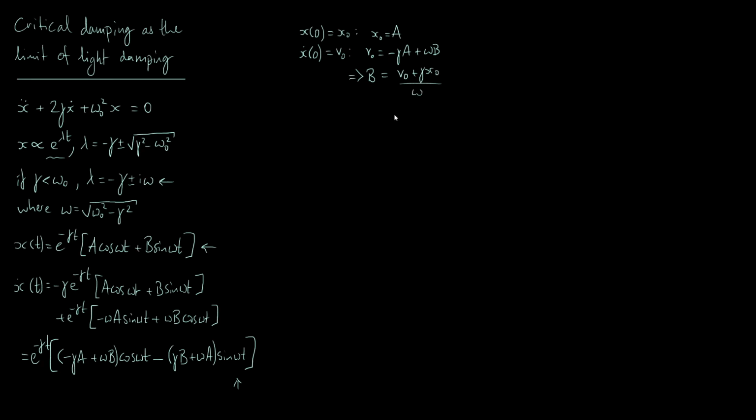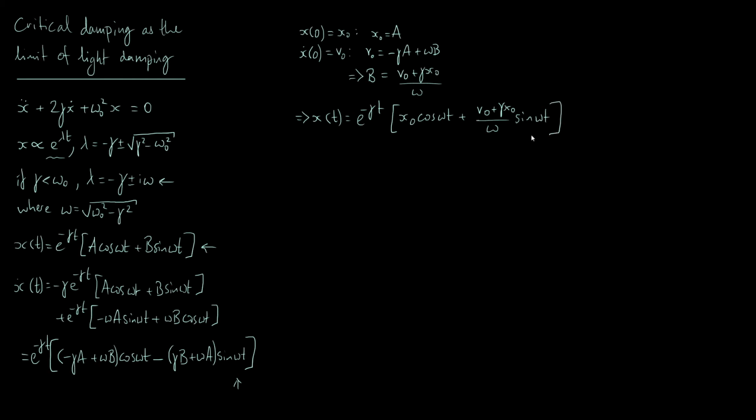Okay, so to summarize, our solution for x as a function of t, just plugging in these specific values of a and b that we've now found, x of t is going to be e to the minus gamma t multiplied by, well, a cos omega t is x naught cos omega t, and b sine omega t is going to be v naught plus gamma x naught over omega times sine omega t.